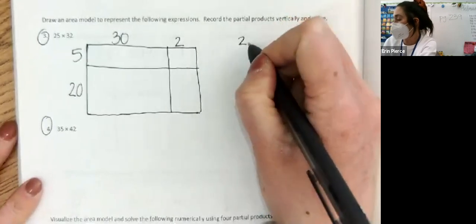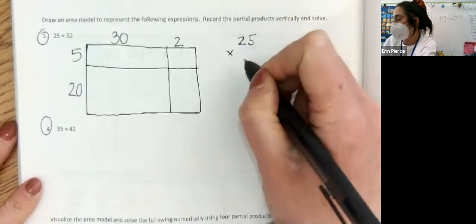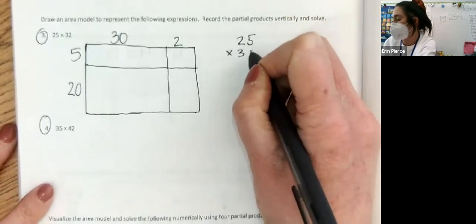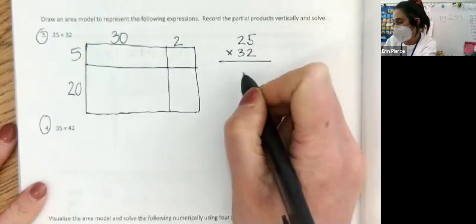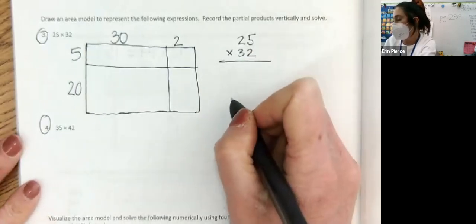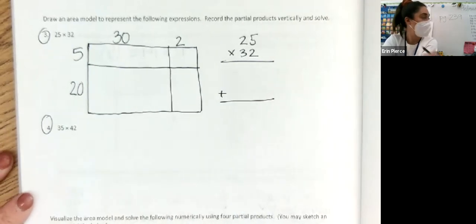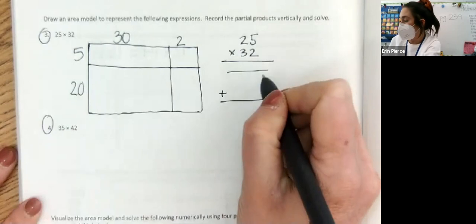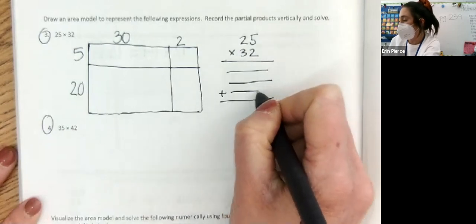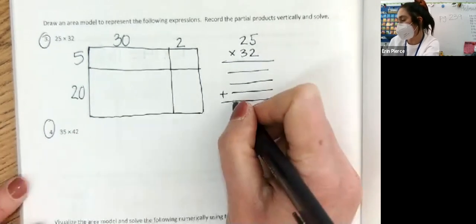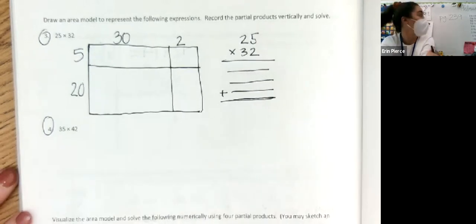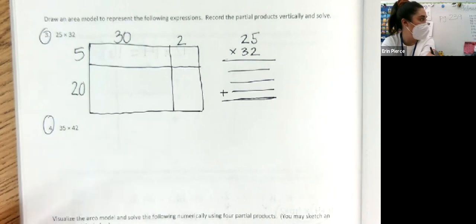I'm going to write down also, you need to do the partial products on the side. Okay. You should have 1, 2, 3, 4 answers that you are going to add together to get the bottom answer.